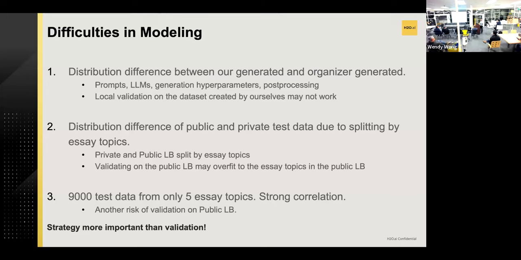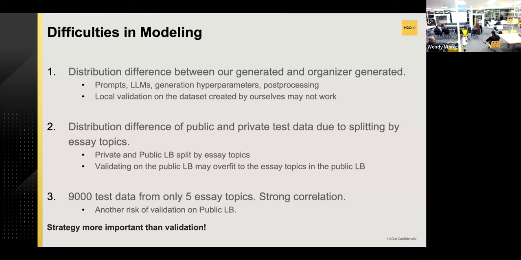They are too few. If there were, let's say, 2,000 in public or 3,000 in private, it should be fine. But since there are only 5, and they are very different, there could be a distribution difference between the public and private leaderboard, which means if we overly rely on the public leaderboard as a validation set, we may overfit to it, and performance will drop on the private leaderboard. So that's the second problem.